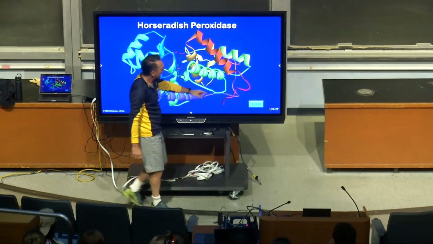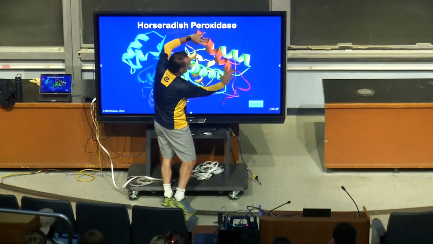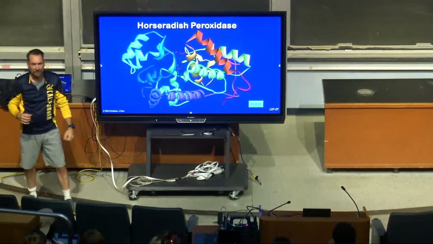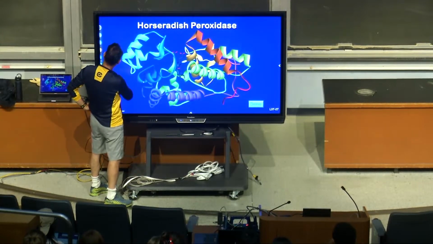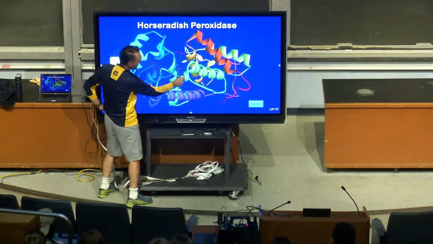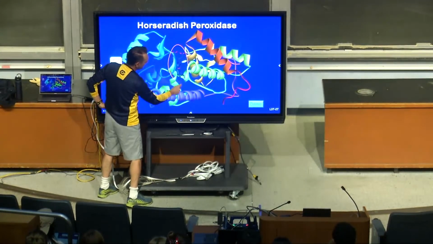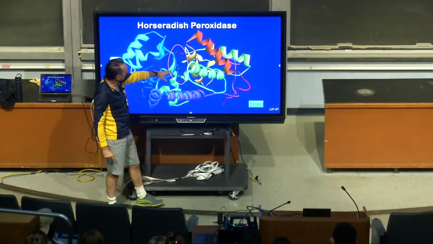And what you're seeing here is how the chain of amino acids folds up into this complex structure. And that complex structure allows this horseradish peroxidase to do a reaction. I didn't get my act together, but we can do this reaction in class.